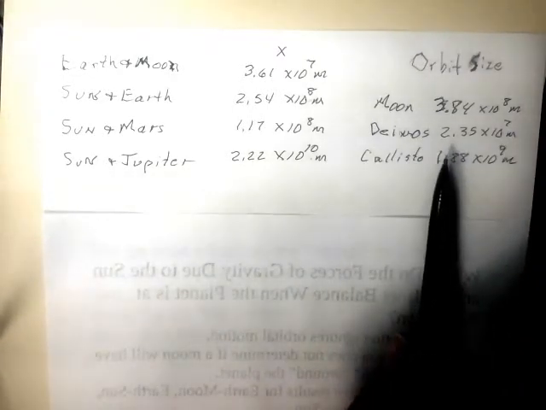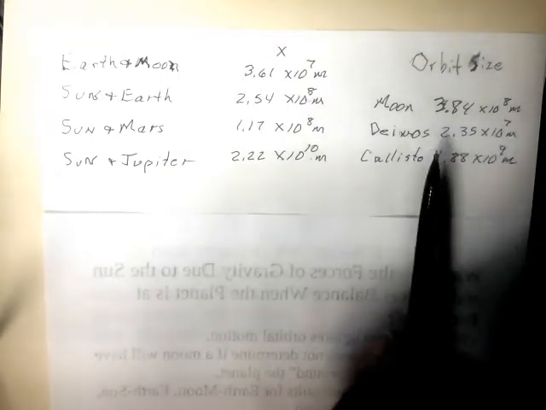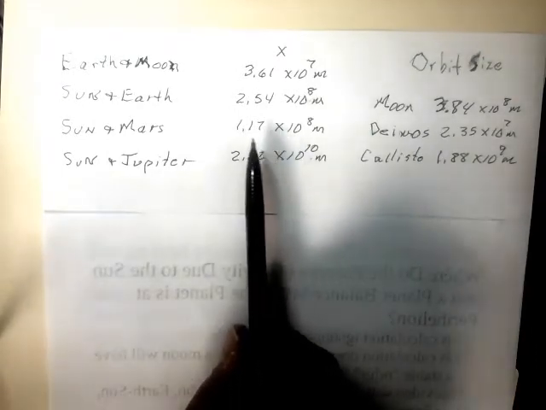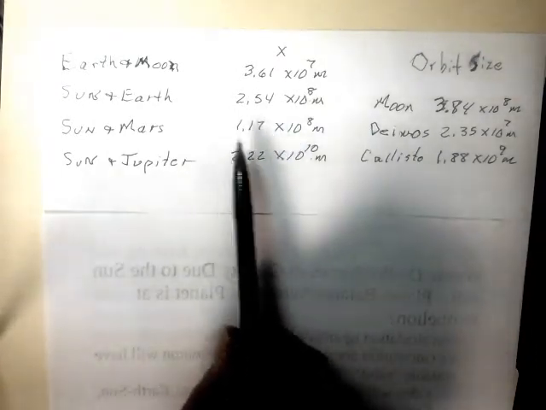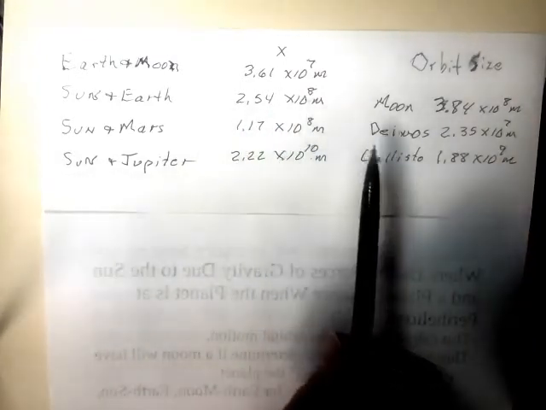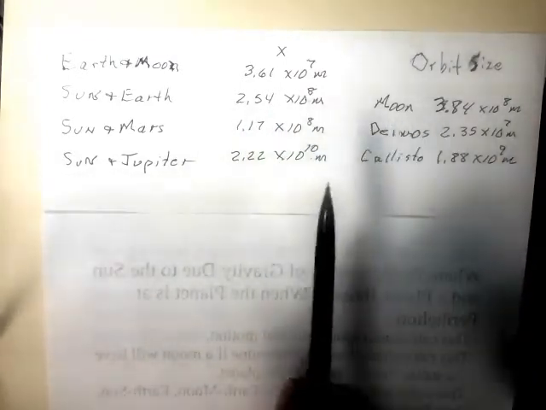Deimos, orbiting Mars, is 2.35 times 10 to the 7th meters away from the center of Mars. And it is inside this balance point distance. So Mars is completely able to control the motion of Deimos.